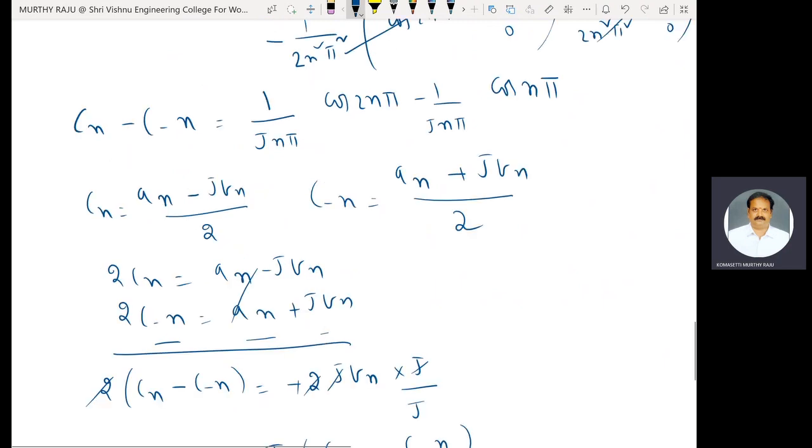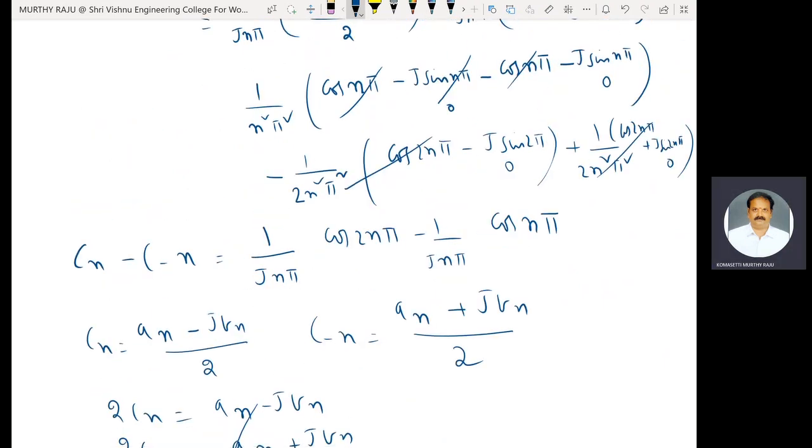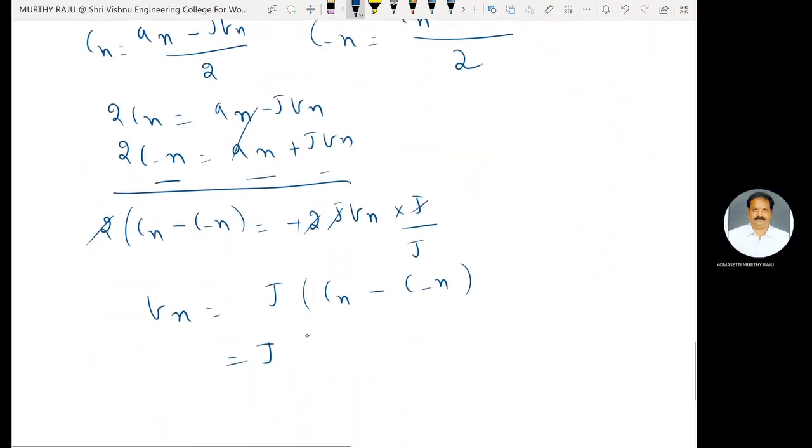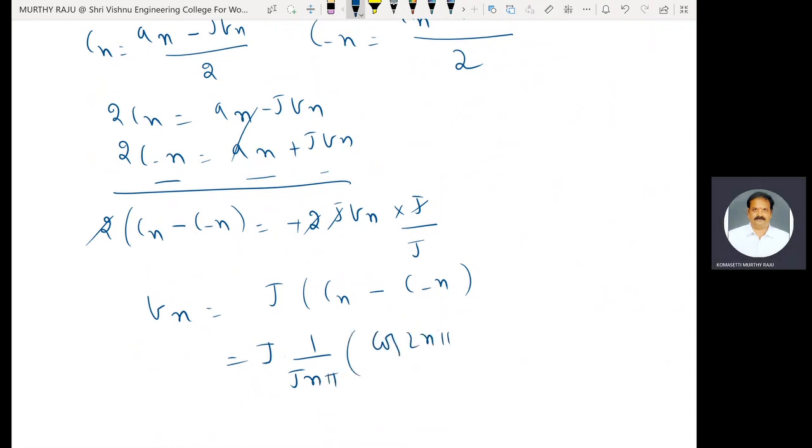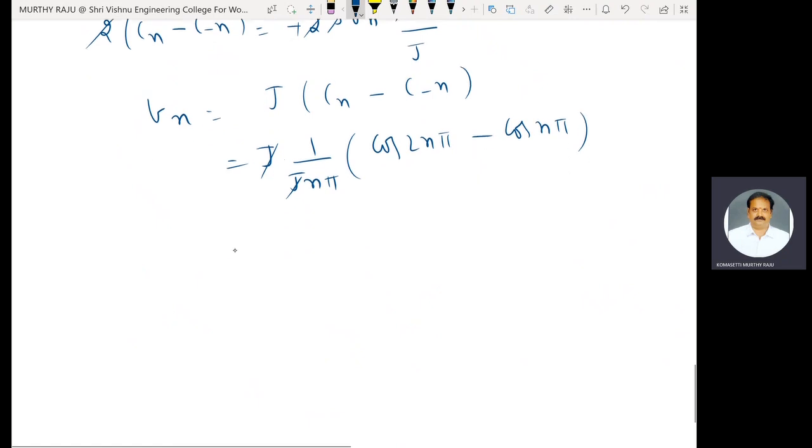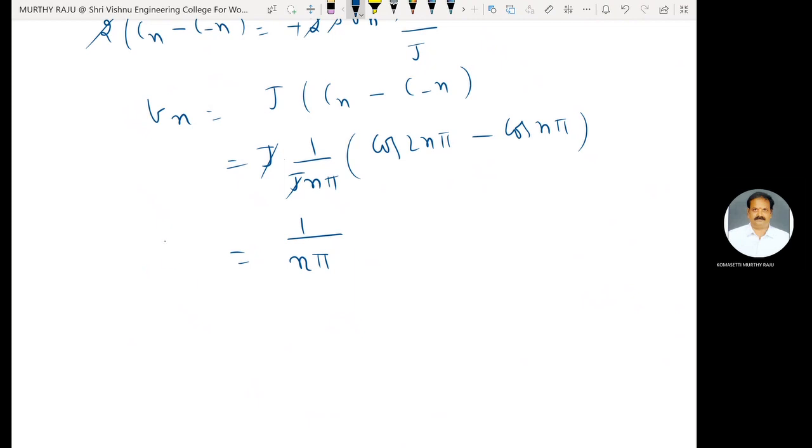Cn minus C minus n is equal to 1 by jnπ (cos 2nπ minus cos nπ). The j cancels. Finally, Bn is equal to 1 by nπ (cos 2nπ minus cos nπ). This is the Bn.